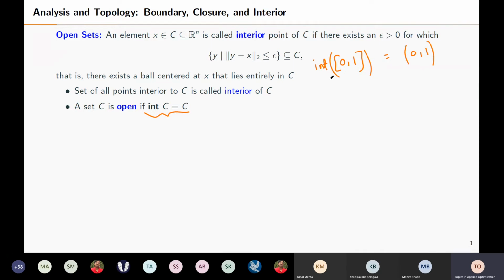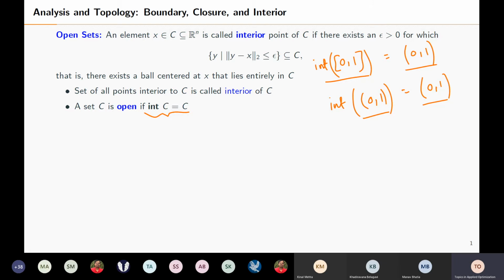In this case, the interior is not exactly equal to the original C. Hence, this [0, 1] closed is not an open set. But if the set itself was (0, 1), then the interior of this is still (0, 1) only. So in this case, the interior of C is equal to C itself. So the open sets are defined like that.